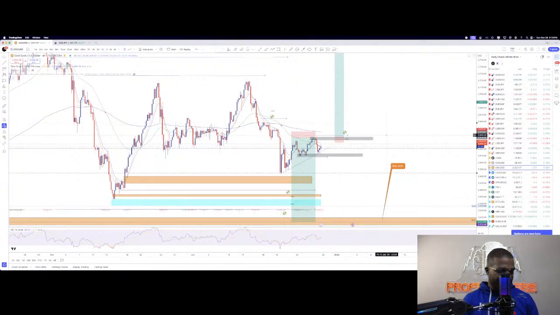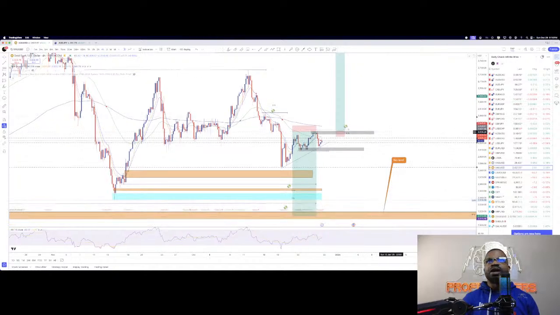All right, so let's see what happens with gold. We got those alerts set. We really don't have any news tonight, so we may have consolidation within this area of range until Tuesday, but let's see. What else did we trade?